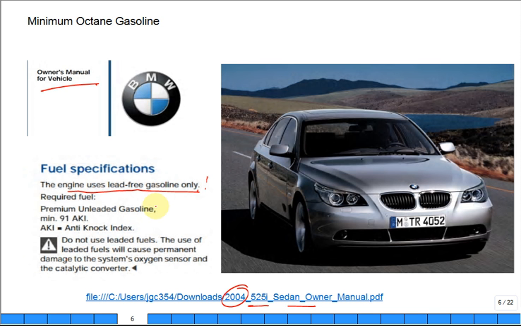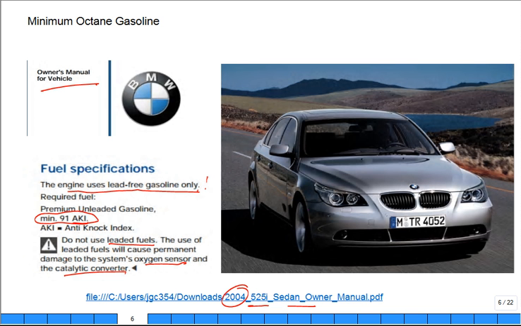And it requires premium unleaded with a minimum of 91 anti-knock, or the octane number of 91. Do not use leaded gasoline. It could cause damage to the oxygen sensors and catalytic converter. I don't think you could buy leaded gasoline since about 82. I think that's about when it went out.